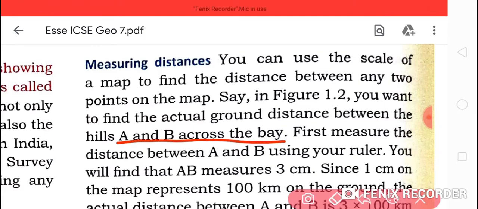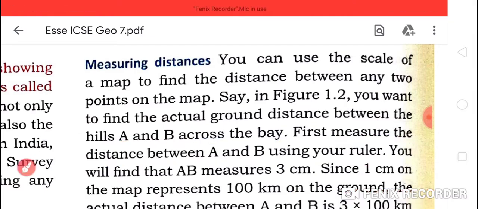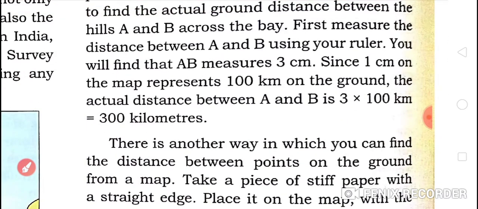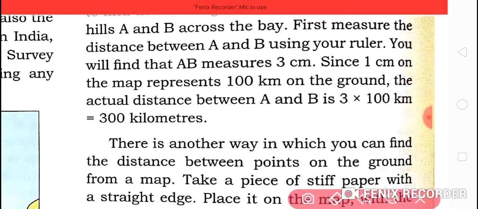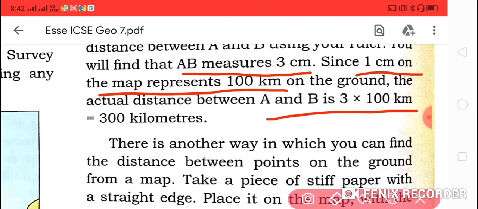First, measure the distance between A and B using your ruler. You will find AB is 3 centimeter. Since 1 centimeter on the map represents 100 kilometer, AB is equal to 3 times 100, which is 300 kilometer.